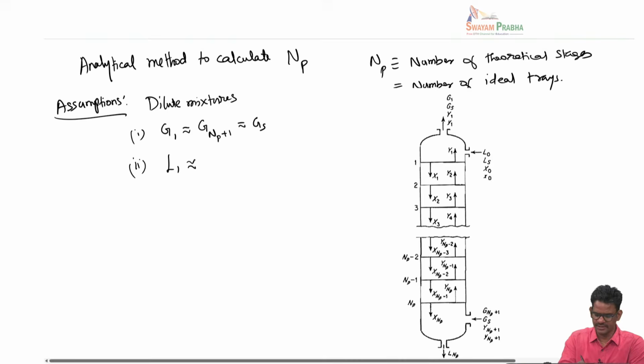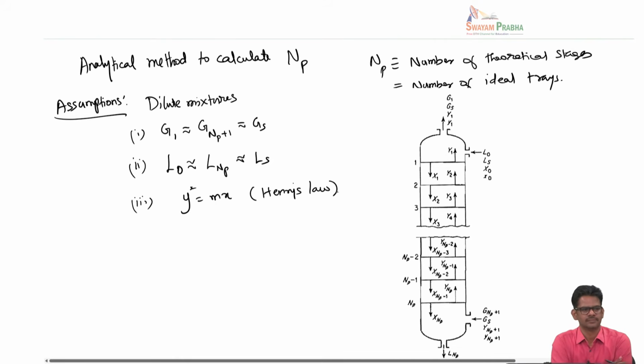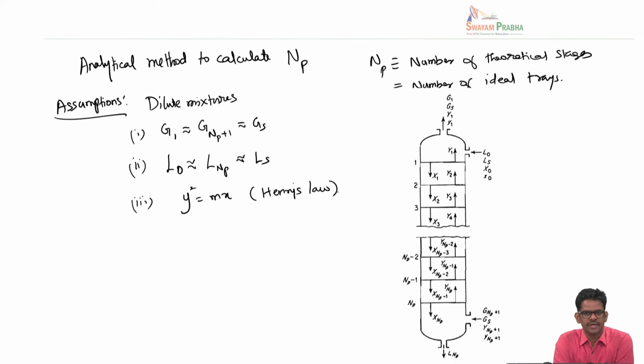Similarly, the liquid flow rates are almost constant. And third is that I can write Y star is equal to mx. If you make these assumptions, then we can set out an analytical solution for the calculation of the number of theoretical stages.